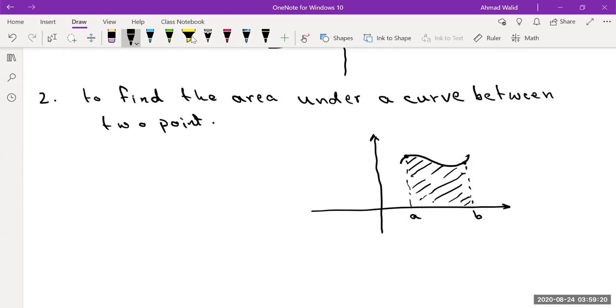A little bit about the history of calculus. Sir Isaac Newton was focused on finding the rate of change, or the slope of the tangent line in a curve. At the same time, there was another mathematician named Leibniz. His focus was to find the area under the curve, the second branch of calculus.